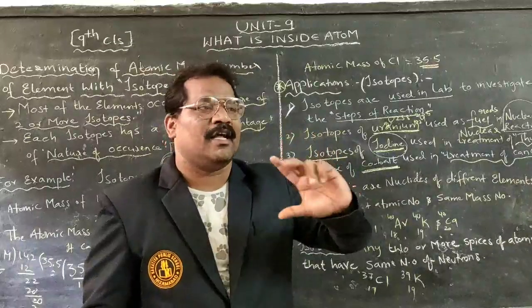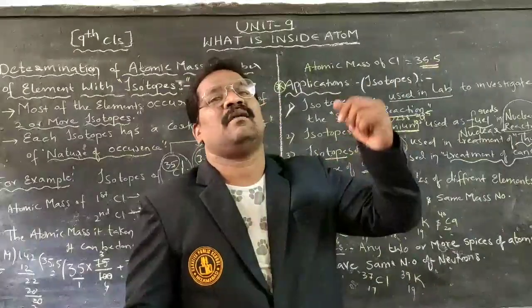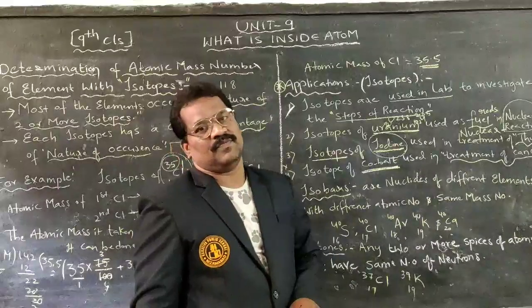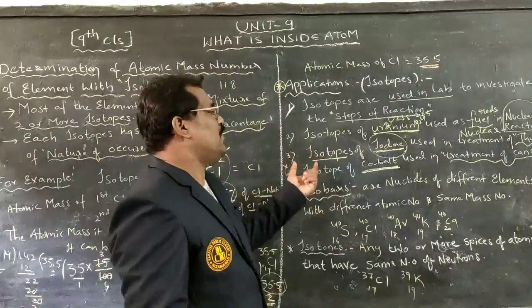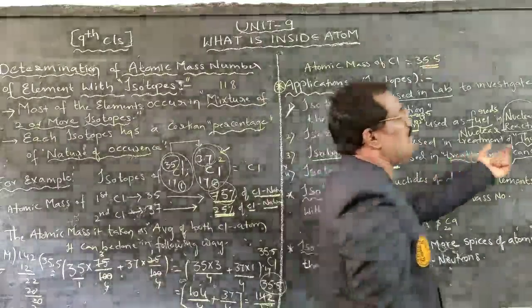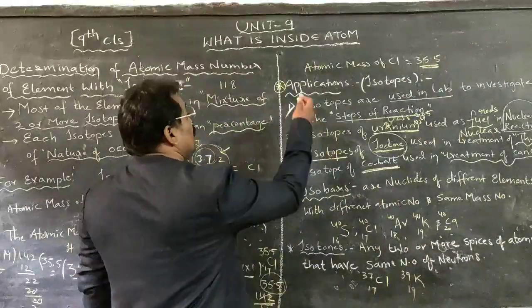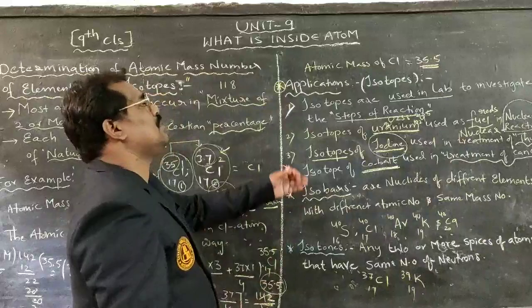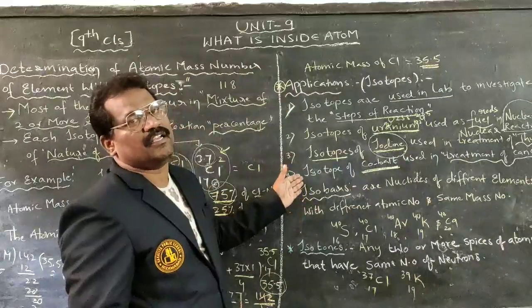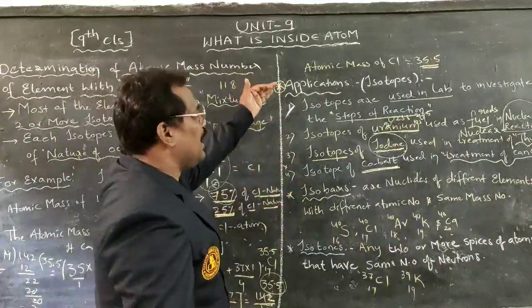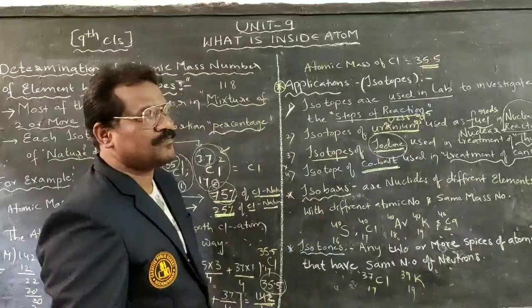So that cell can be destroyed completely. For the treatment of cancer, isotopes of cobalt can also be useful. These are some applications or uses of isotopes.